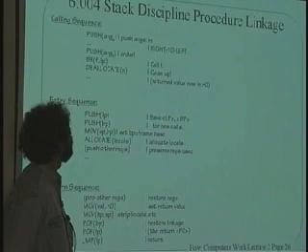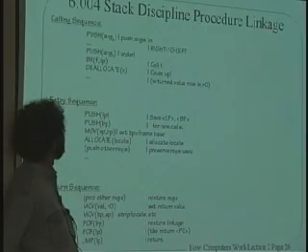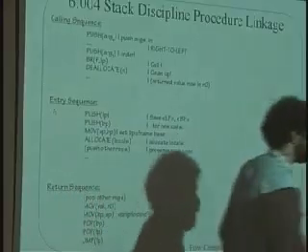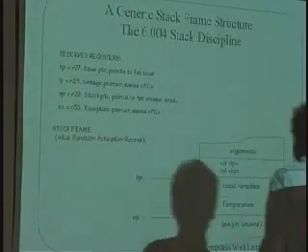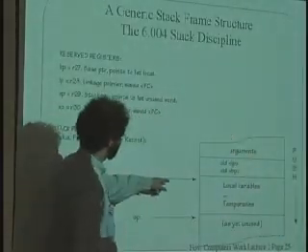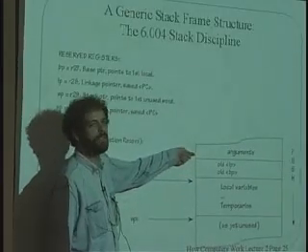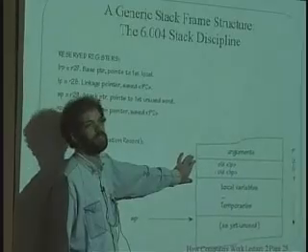And so the advantage of pushing them on in the reverse order, or as they say from right to left, is because, looking at the stack frame, if I know where the basic frame pointer is here, and argument 1 is over here, I always know what this distance is to get to the first one.